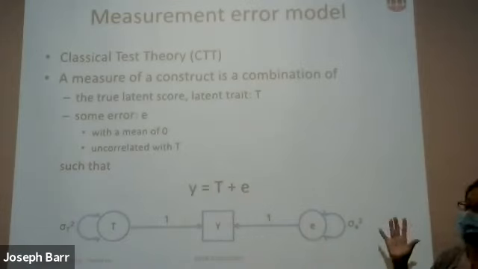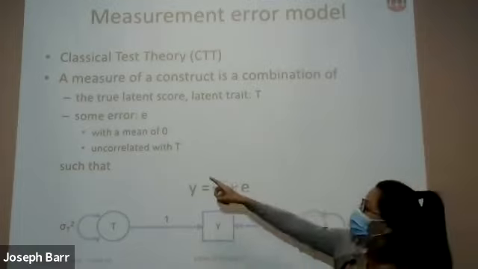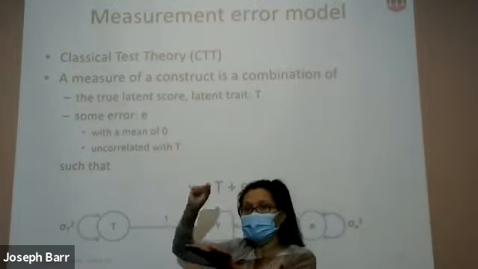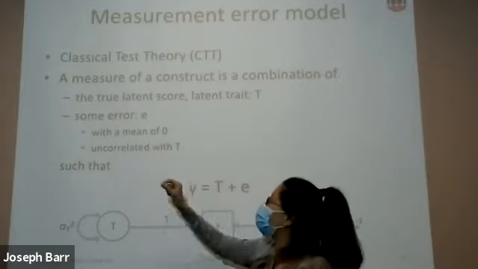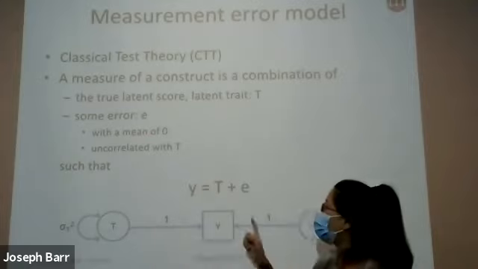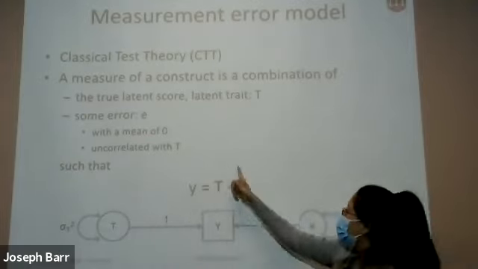And we have assumptions for the CTT. We assume the measurement error has a sum or mean of 0, just like the traditional assumption of the error part. And the T and the E, these two parts, are independent. There's no covariance, no correlation between these two variables.